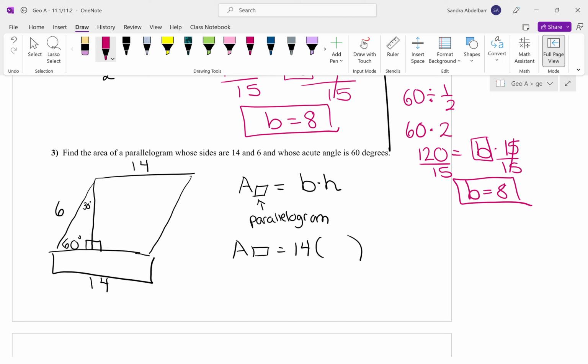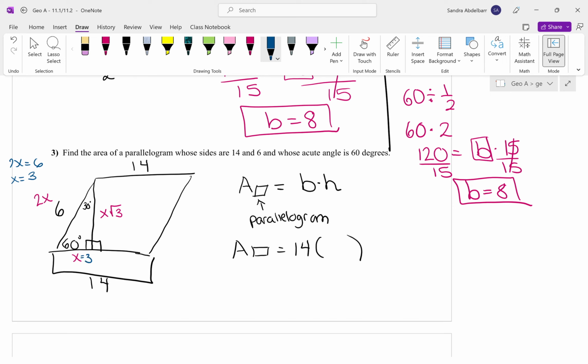Now I need to find the height. I'm going to use the 30, 60, 90 triangle to find my height. Opposite the 30 is x. Opposite the 60 is x root 3. Opposite the 90 is 2x. Do we agree 2x is equal to 6? Therefore, x is equal to 3.